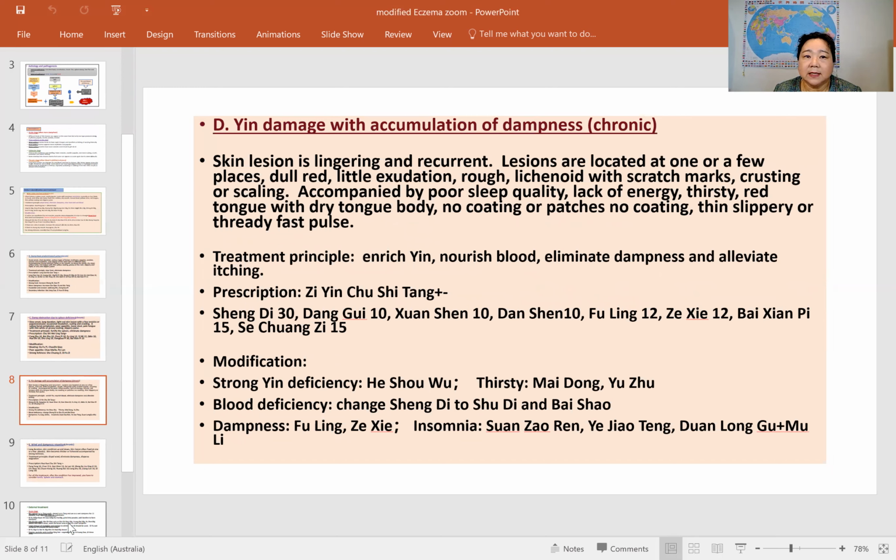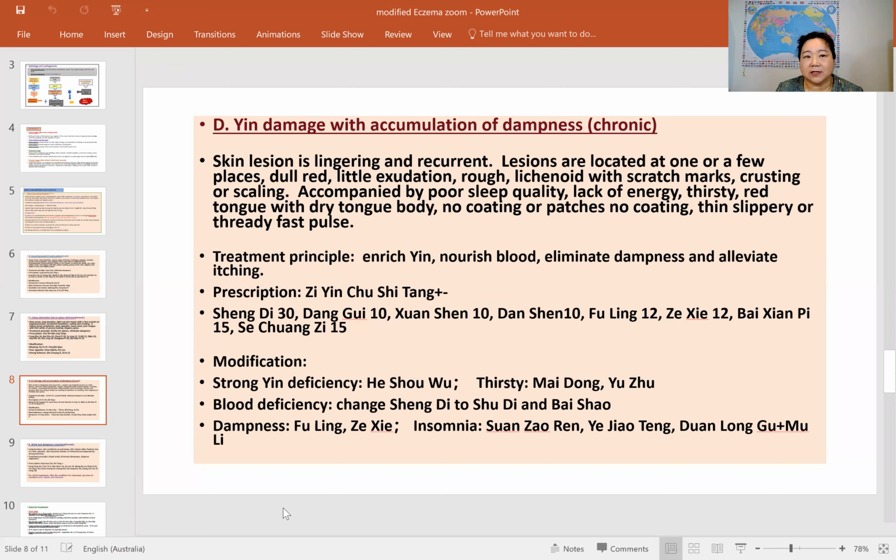Next one is yin damage with accumulated dampness. This is often seen at the chronic stage as well. The skin lesion is lingering and recurrent. Lesions are located at one or a few places.